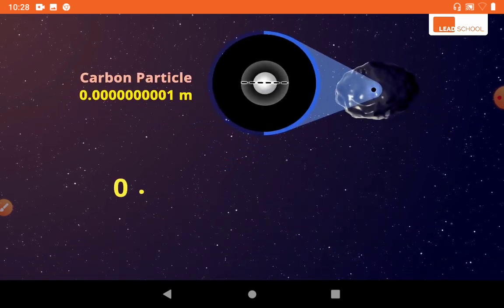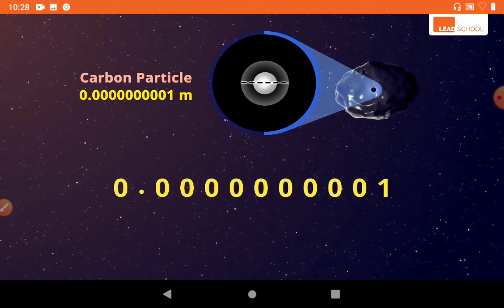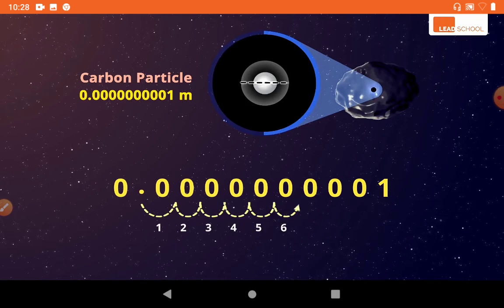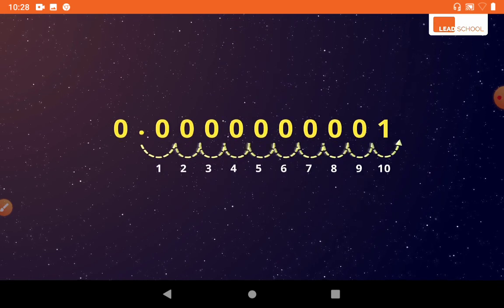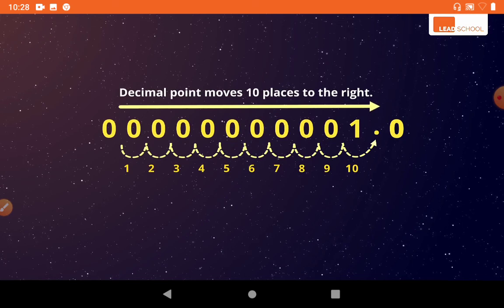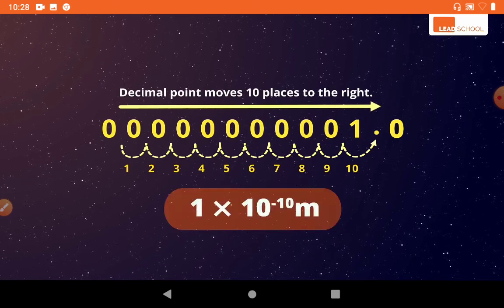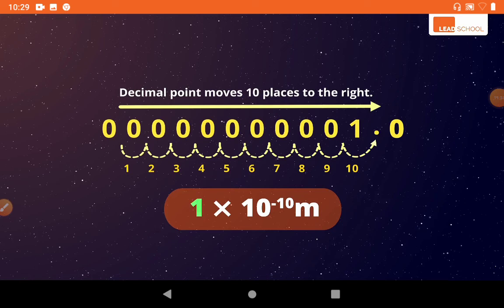This is the size of a carbon particle. Move the decimal point to the right until it gives a number between 1.0 and 10.0. The number obtained is 1 and the decimal point has moved 10 places to the right. Hence, the standard form is 1 into 10 raised to negative 10 meters. Here, the decimal number is 1 and it is multiplied by 10 raised to the power of negative 10.